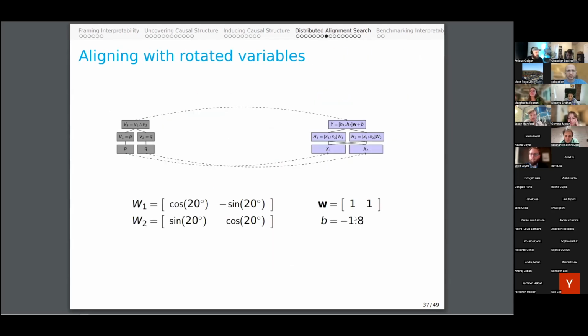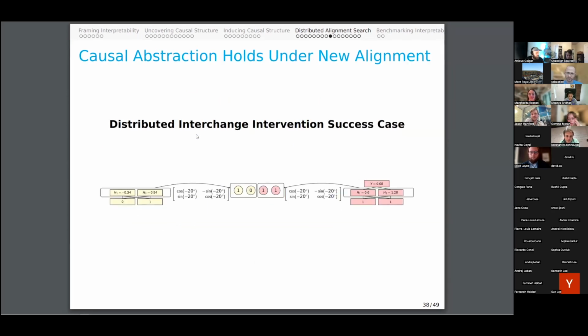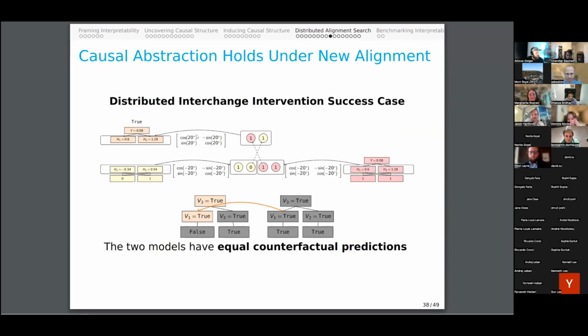Yeah, and so just quickly finishing the example we had. This is what our alignment now looks like, where we're not aligning with the variables in the original network, but instead we have this function bringing us into a new coordinate system, and we're aligning with the variables in this transformed space. If you do that, we've recovered the perfect relationship again. The original failure case is going to be successful because once we've applied these inverse rotations, we just get 1, 0, 1, 1.